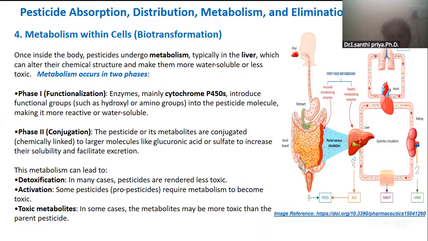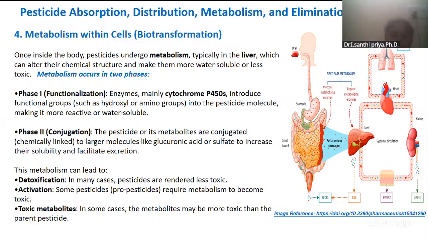These water-soluble molecules bind to the pesticide, thereby enhancing its water solubility and making it easily excreted from our body. So this is the very important metabolism that occurs in the liver, which plays a major role in eliminating the pesticides, what we call detoxification or biotransformation.